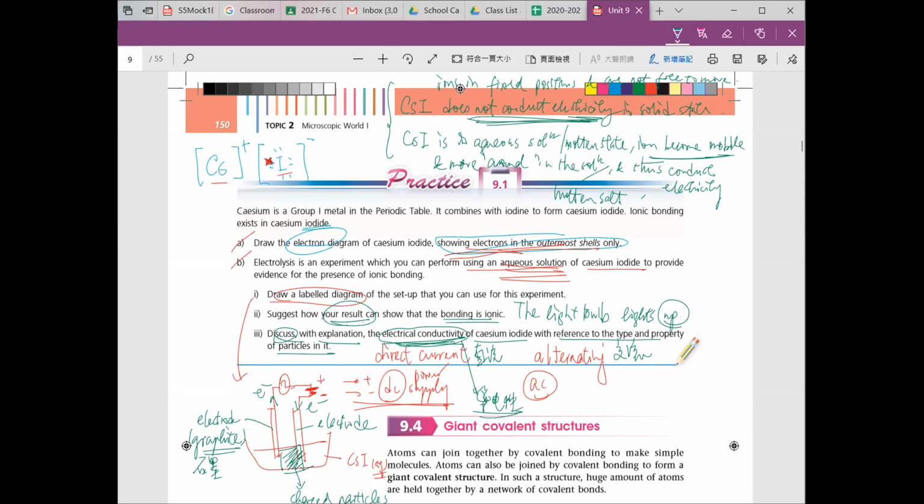Now, this is one of the very common types of questions. You may find some similar questions reflected in your assignment.